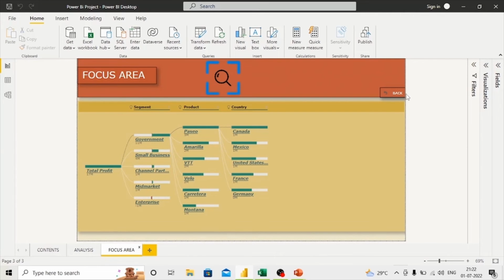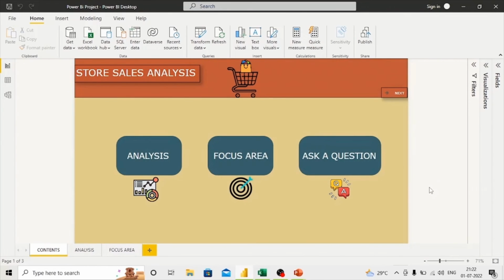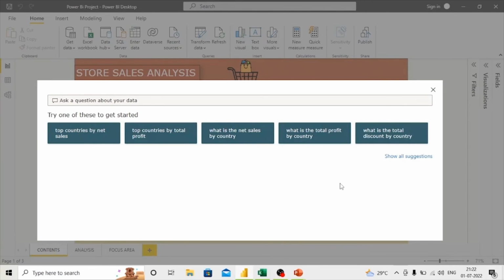So now let's get back to our contents. At last, I have an Ask a Question feature, which is quite an interesting tool. With this, we can summarize our data and extract any information about our data just by writing a line of sentence.